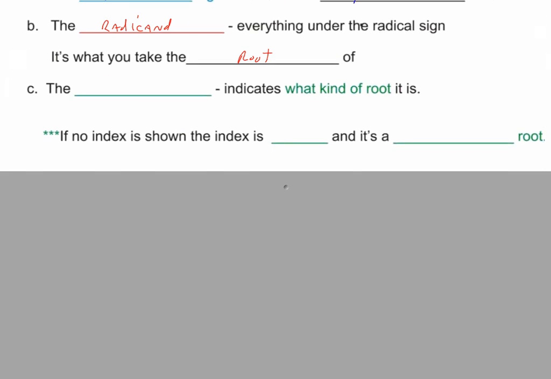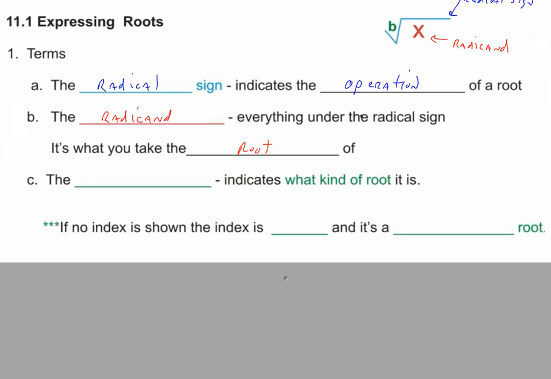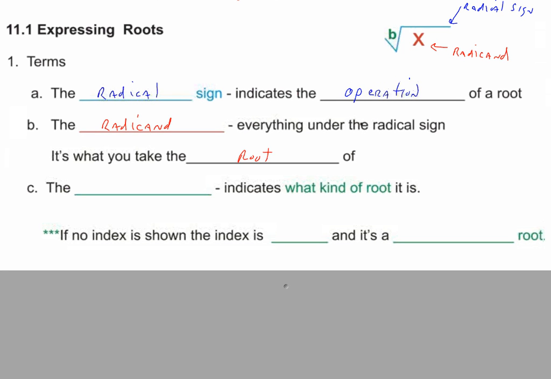All right. So you've got the radicand up. I need to keep that there. And then, of course, the last thing is if there's something in the little crevice, it's called the index. The index is key. It tells you what kind of root it is.